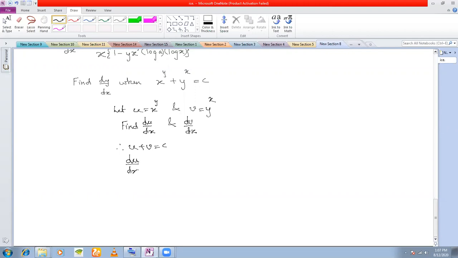Therefore, du/dx plus dv/dx must be equal to dc/dx. dc/dx is 0, isn't it? Because c is a constant. So du/dx plus dv/dx is equal to 0, right? Put the values of du/dx and dv/dx and then find dy/dx.